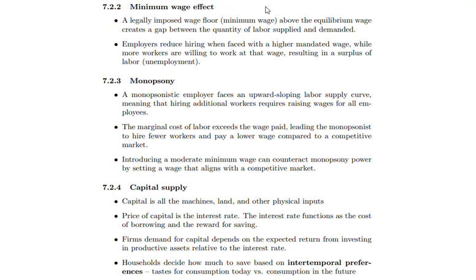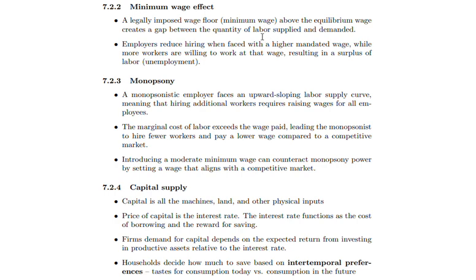Minimum wage effect. What if the government sets a minimum wage? A legally imposed wage floor, a minimum wage above the equilibrium wage, creates a gap between the quantity of labor supplied and demanded. Employers reduce hiring when faced with a higher mandated wage.